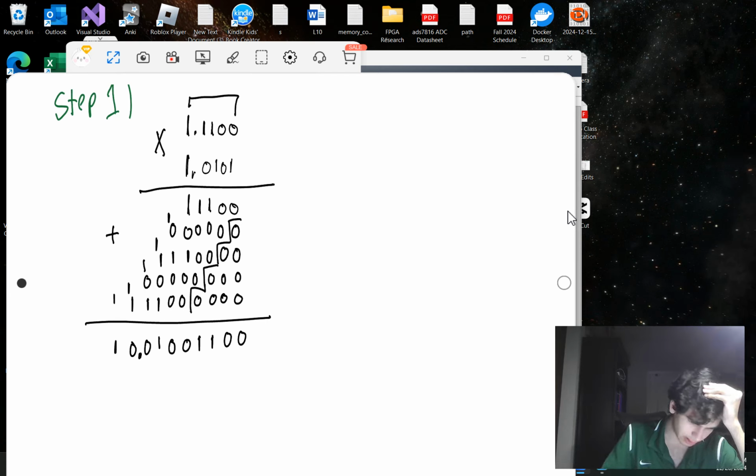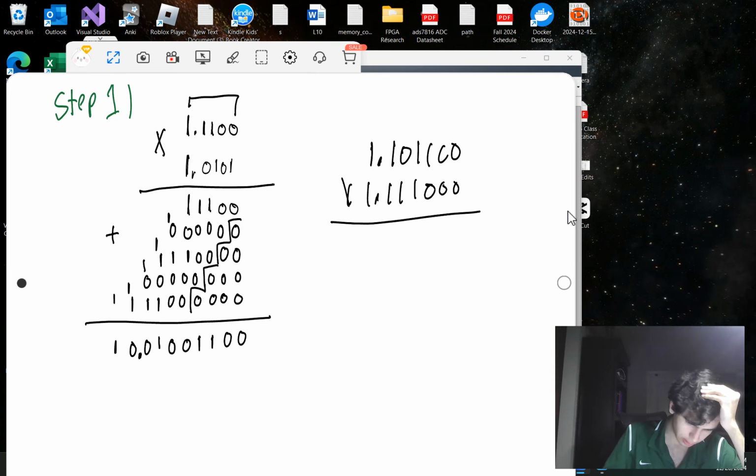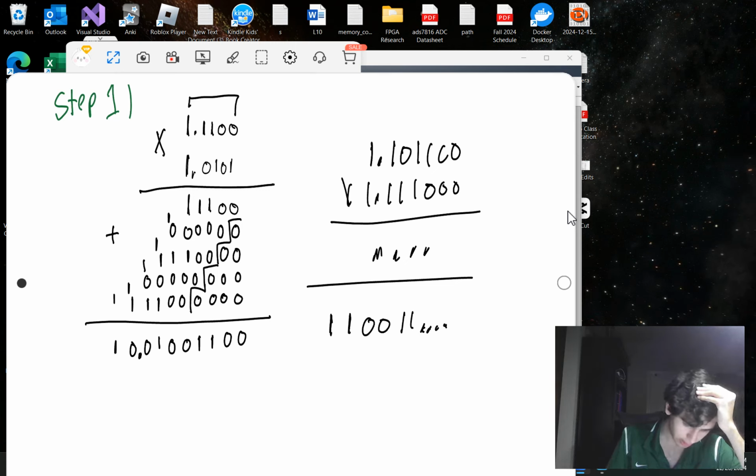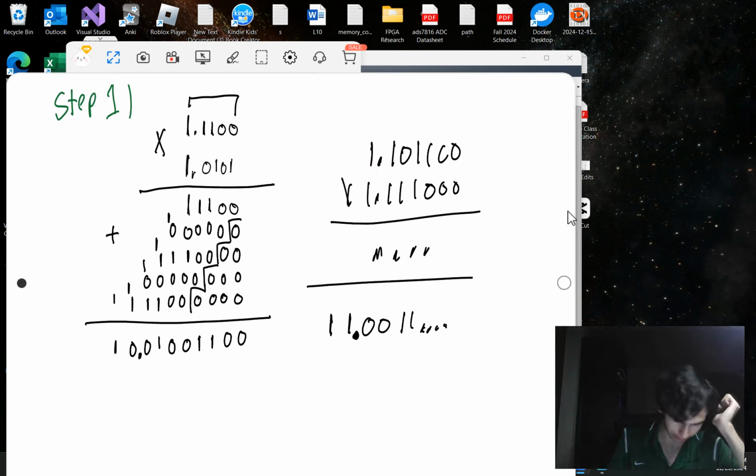It doesn't matter if there's more bits, like if you do 1 dot, I don't know, 1, 0, 0, 1, 1, 0 times 1 dot, all of this, when you do your steps of multiplication, let's say that, I don't know what the answer to this is going to be, but let's say you get a binary value of 1, 1, 0, 0, 1, 1, and then it's just a bunch of stuff. The decimal point is always going to be in the second spot. Always, always. When you multiply 2 things that are 1 dot. So just memorize that.